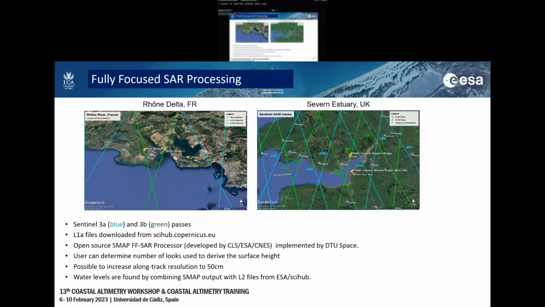And it's very flexible. You can choose a number of options on how to process, including the number of looks you use, looking at the best resolution for getting the best results, and then get the water levels by combining the output of that with the level 2 data from normal processing.